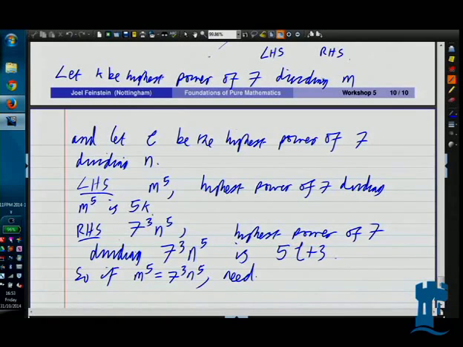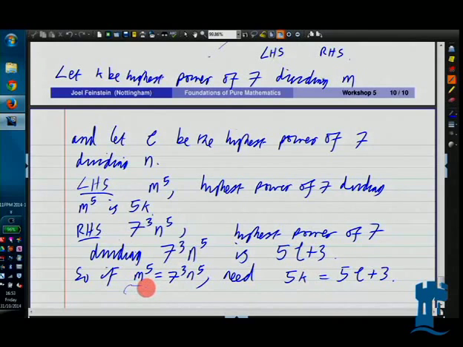We need 5K equals 5L plus 3. But that's impossible. If you work modulo 5, for example, they don't have the same remainder. Left-hand side is divisible by 5 and the right-hand side isn't. You've got remainder 3.